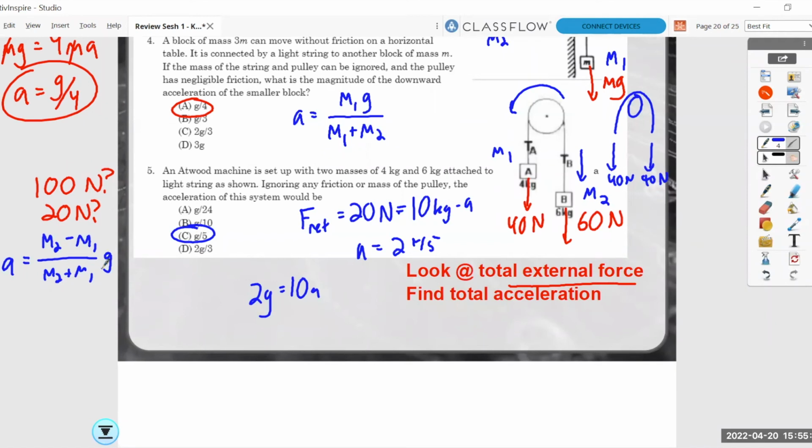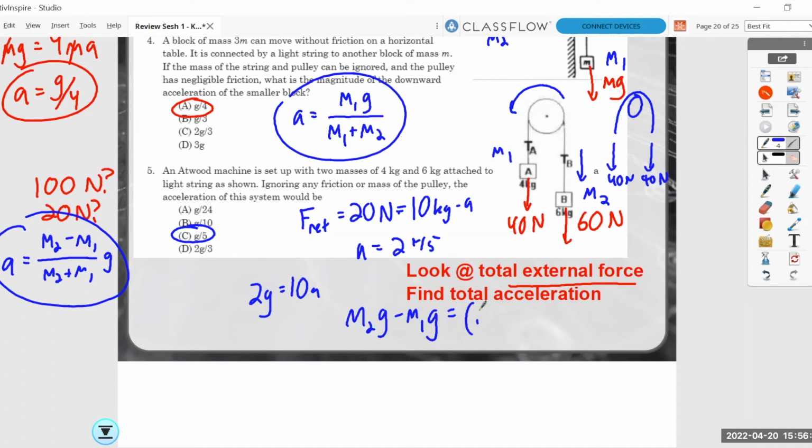So you can obviously try to remember the Atwood machine equations, and we can go over during class exactly how to derive those. But they're fundamentally derived from looking at the total external force and finding the acceleration, right? We have m2g minus m1g as our net force, but it has to move the total mass of our system still.